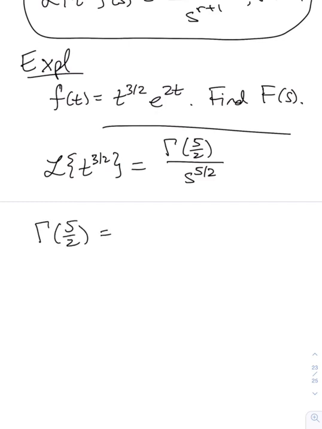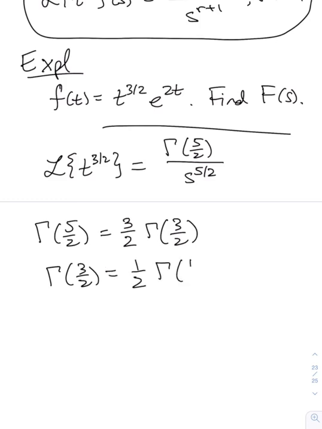Well, I can just reduce it by 1 at a time to get first 3/2 times gamma of 3/2. And gamma of 3/2, what's that? That's going to be 1/2 times gamma of 1/2. And gamma of 1/2 is the square root of pi.